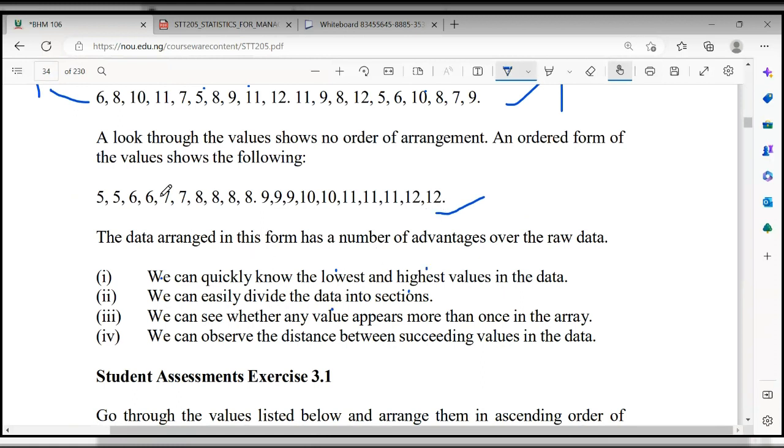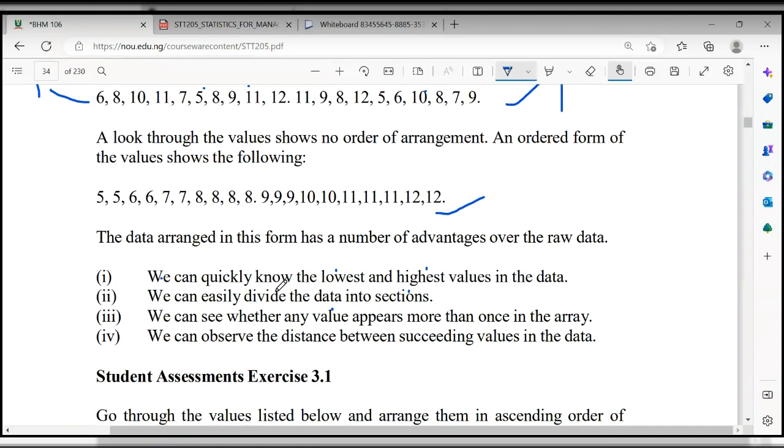So if you look at this second one, you can spot the lowest and the highest. Then you can easily divide the data into sections. Maybe a group of 5, group of 6, group of 7. Or you can divide it into 2.